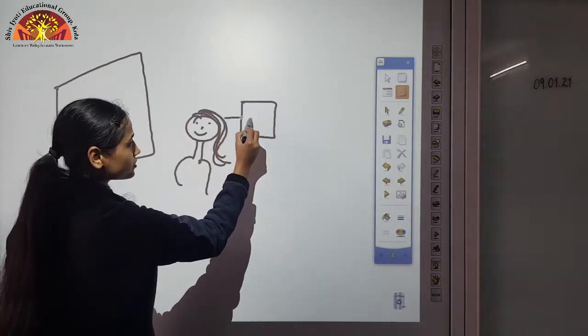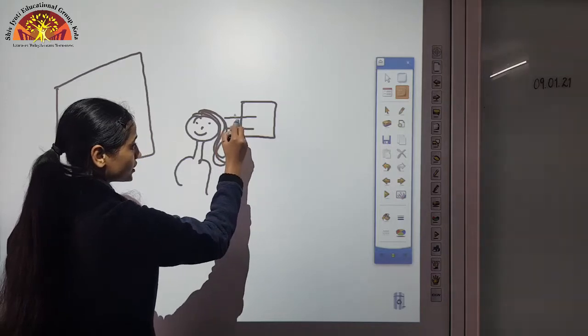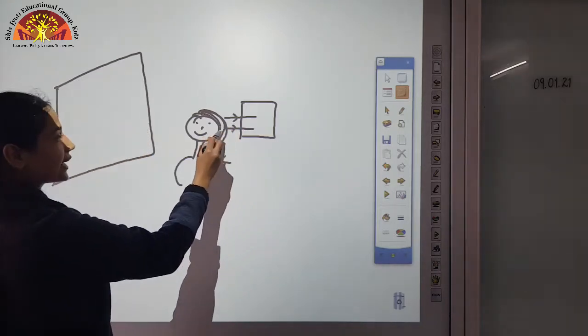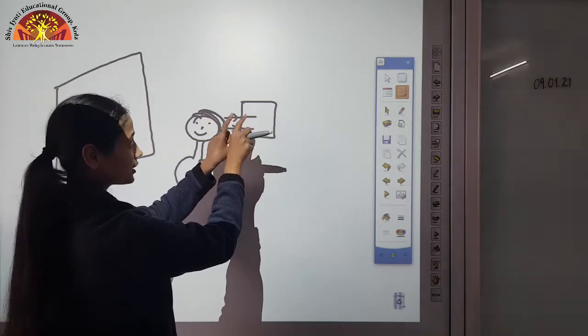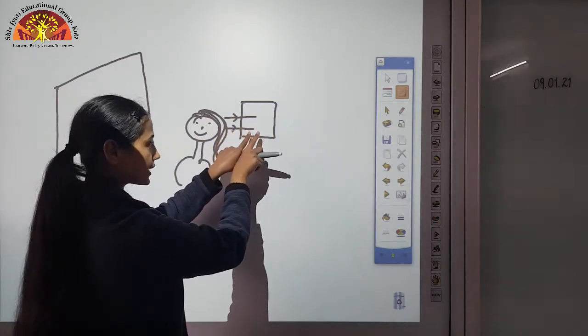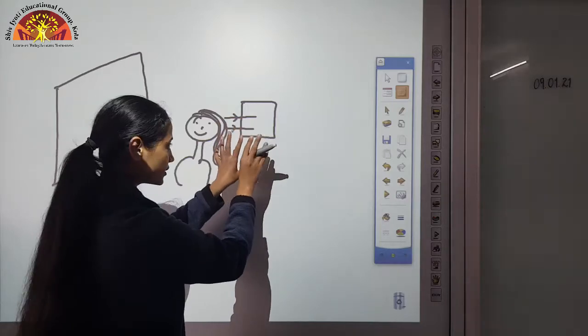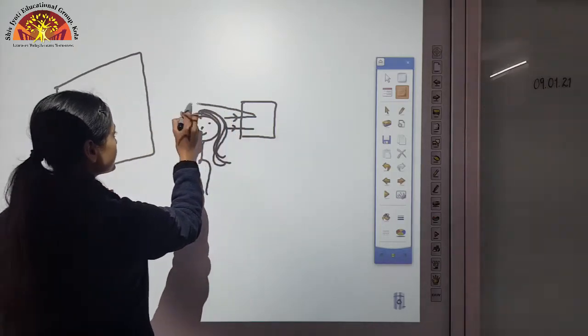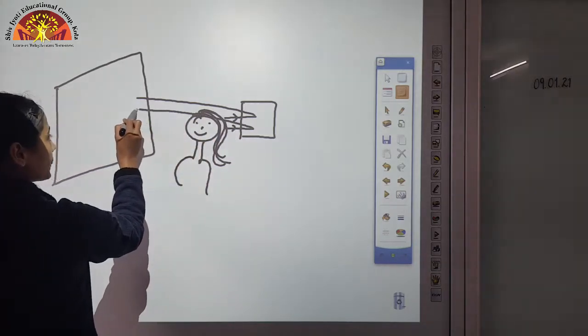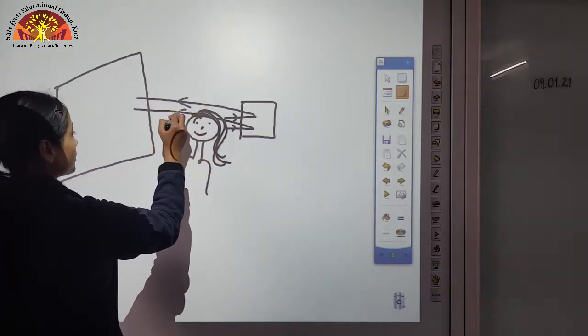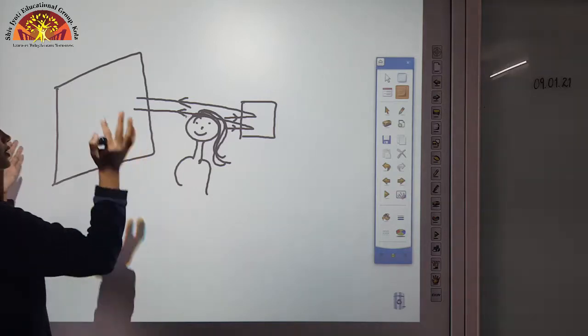The light rays which are coming from your head will first fall on the small mirror. There it is a reflecting surface, so reflection will be performed by this mirror. Now these light rays are getting reflected, let's say this way. Now these light rays are falling where? On another mirror.